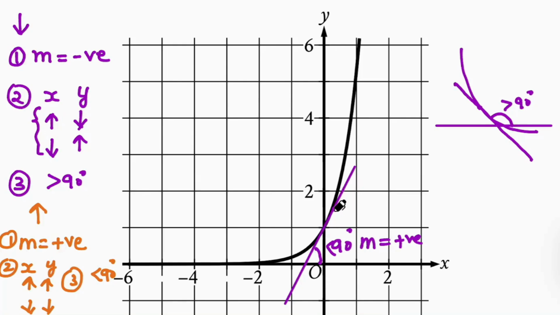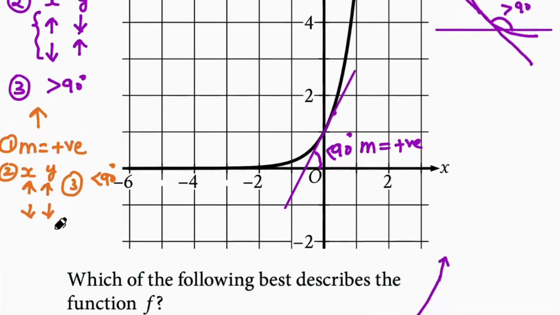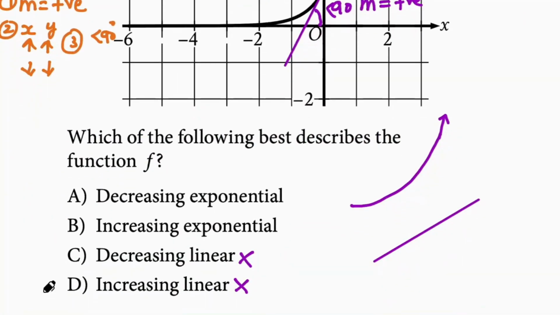So if I have to check this graph, what I prefer is to draw a tangent line and check whether theta is less than 90 degrees or greater than 90 degrees. You can choose any of the methods, right? So if theta is less than 90 degrees, the slope is positive. And when the slope is positive, the function is increasing. So that means it is an increasing exponential. B is the right option, right?